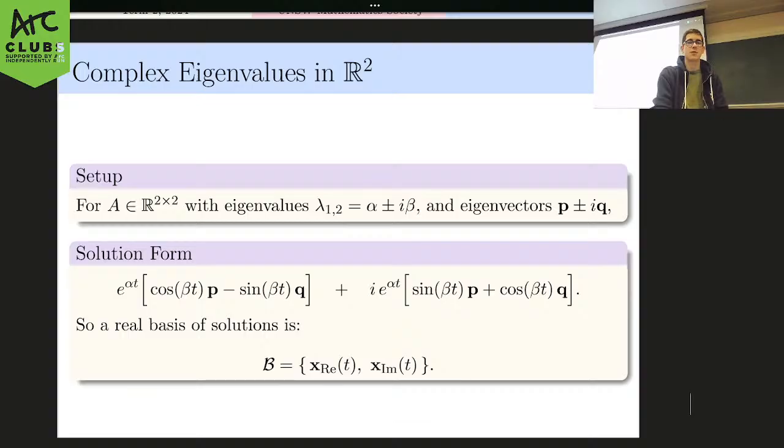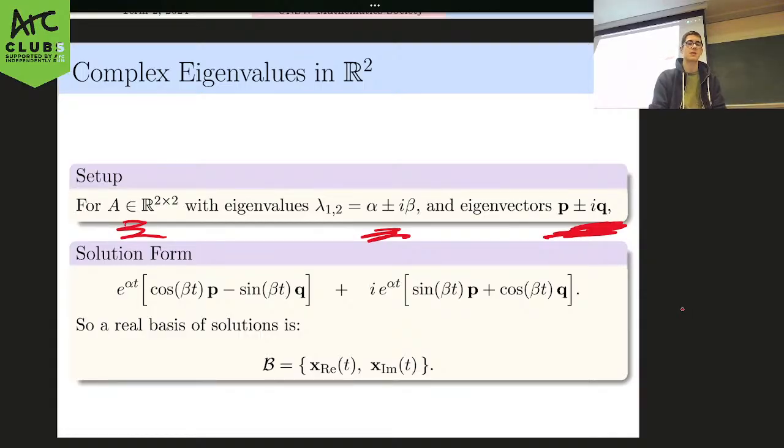So here, if we're working with a matrix A, we have eigenvalues that come in conjugate pairs. Then we also have eigenvectors in conjugate pairs. You can hopefully think about why that is.